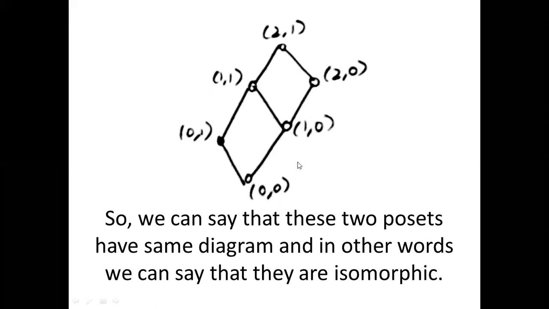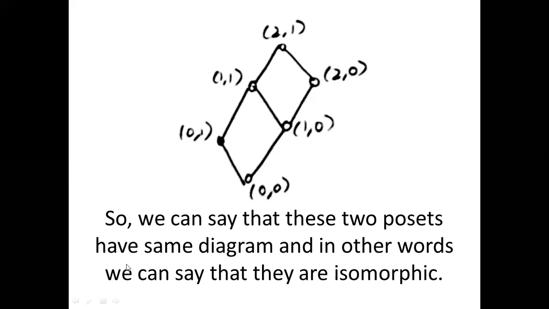Why? Because one of the components is the same, and the first component is less than 1. So this is the lower point and this is the higher point. And here the second component is the same, but the first component is less in one and greater in the other. So (1,0) will be the lower point and (2,0) will be the higher point. This type of relation is defined here.